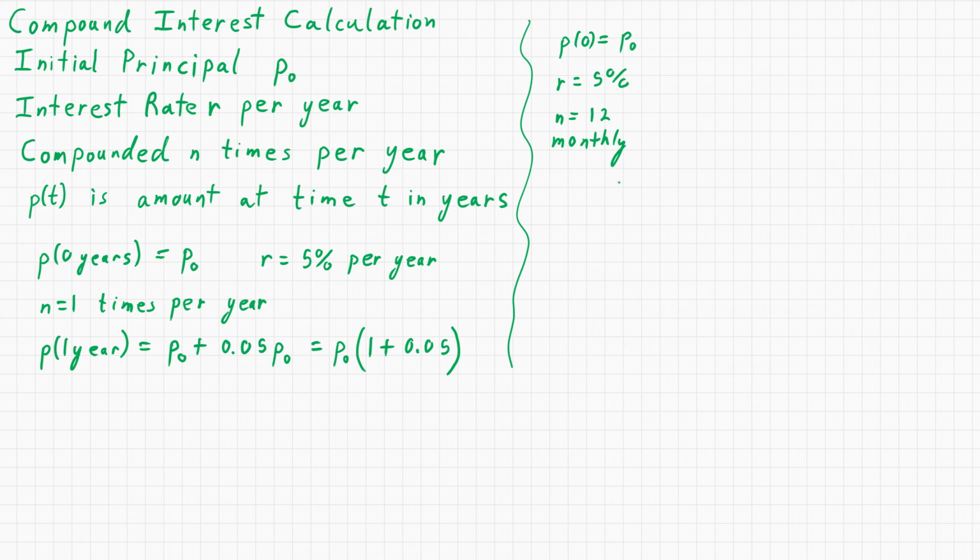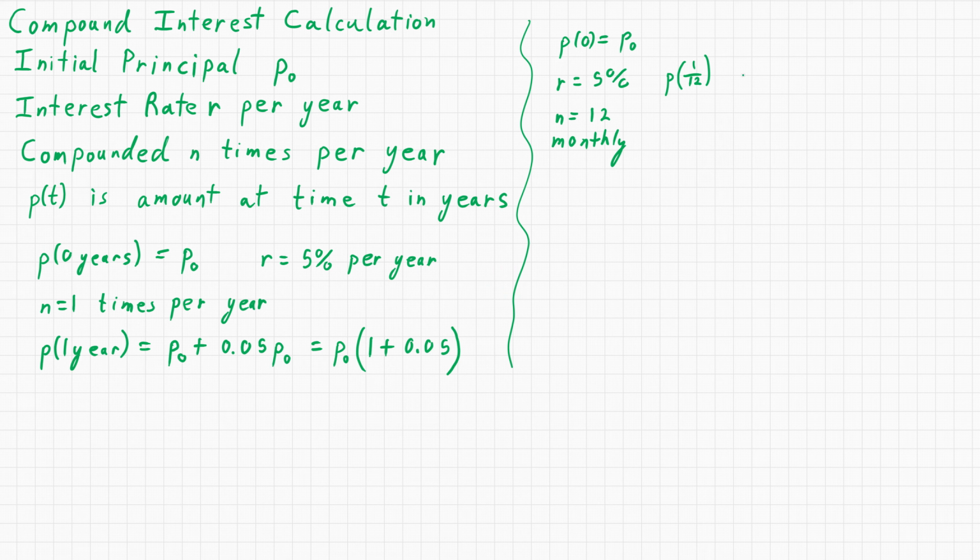And now from here, what's the formula going to be? Well, this would be a really good deal if it actually had 5% at the end of every month, but that's not how it ends up working. So the way that these are defined is we'll have P naught, and then at the end of the first month, I'll say P of 1/12.